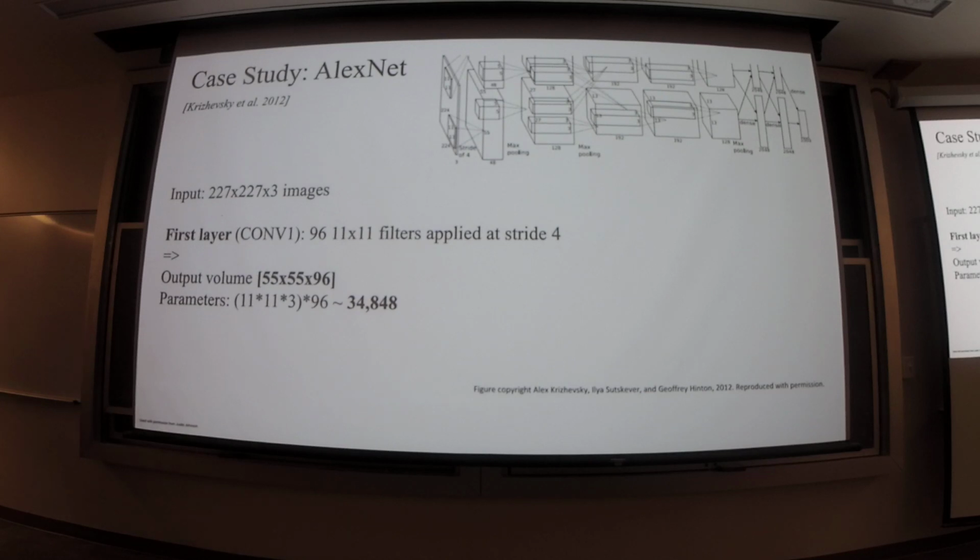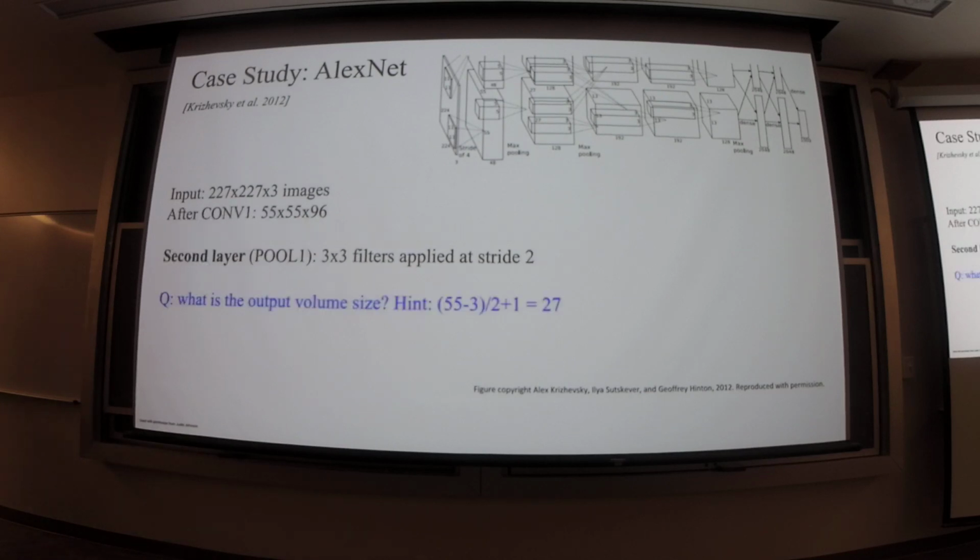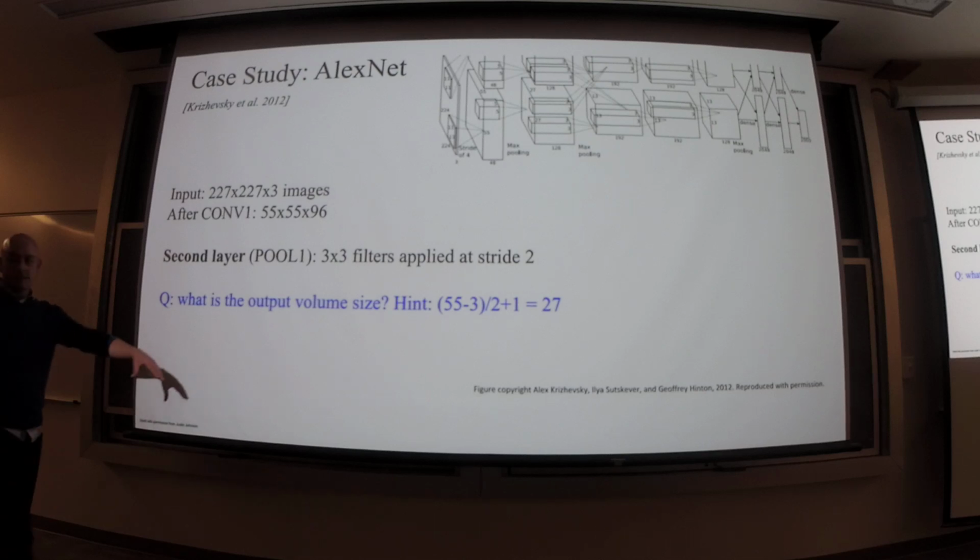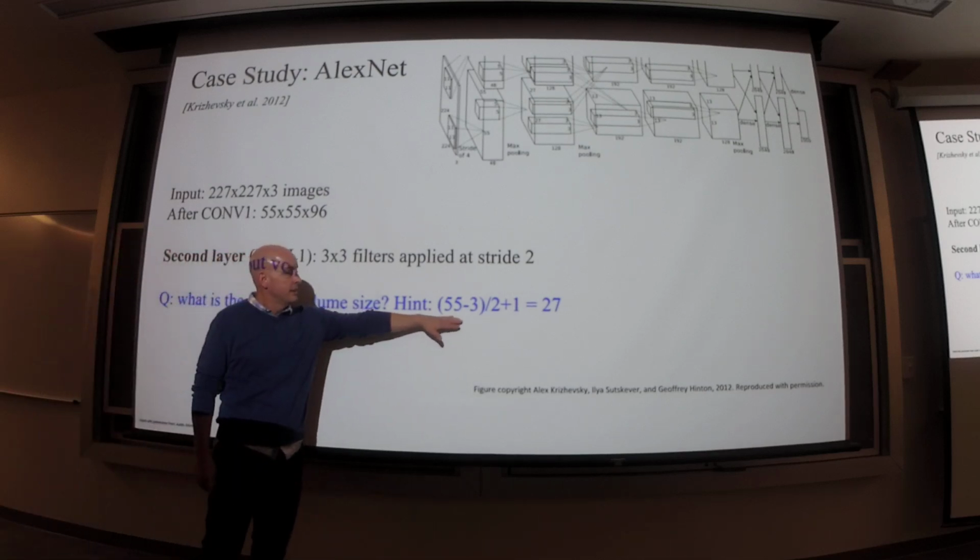Cool. Okay. So next we have pooling. Okay, so it's 3 by 3. I said 2 by 2, but it's 3 by 3 pooling applied with stride 2. So what's the output volume of this? This is giving us the spatial extent of the output.